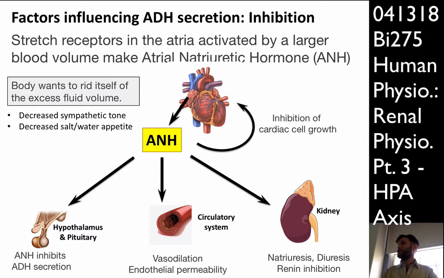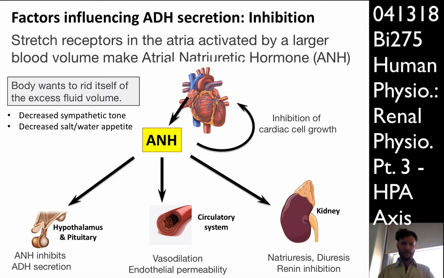It's also going to promote vasodilation, in opposition to ADH. So it has an opposite effect on the circulatory system. And then again, in the kidney, it has a series of effects. It's going to promote natriuresis, so the elimination of salt.